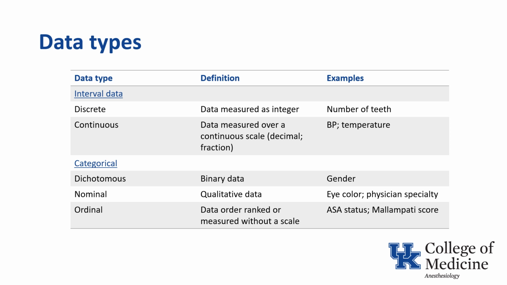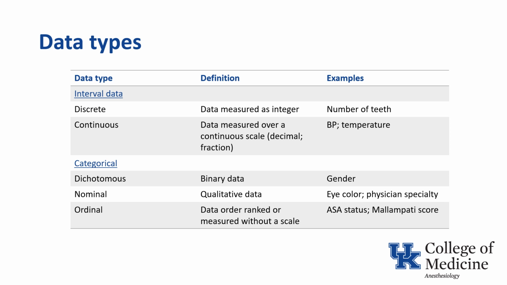With the interval data, as the name suggests, the difference between the two data sets are equal. And in a categorical subtype, once again, as the name suggests, you assign the data to a specific category.